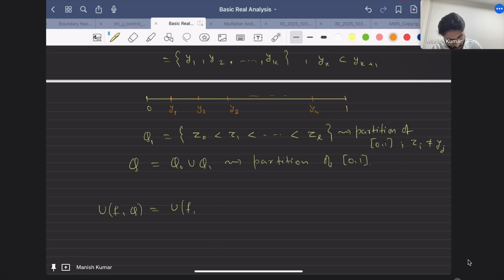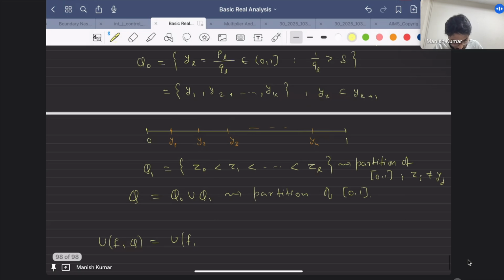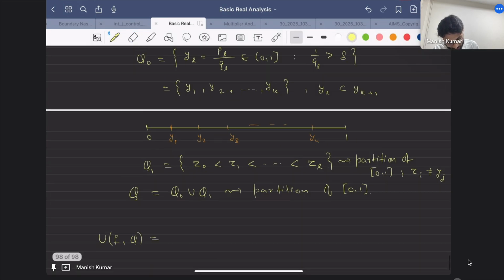So U f at Q, let me write it this way. Or let me do the partition now itself. Okay, so let me do it this way.